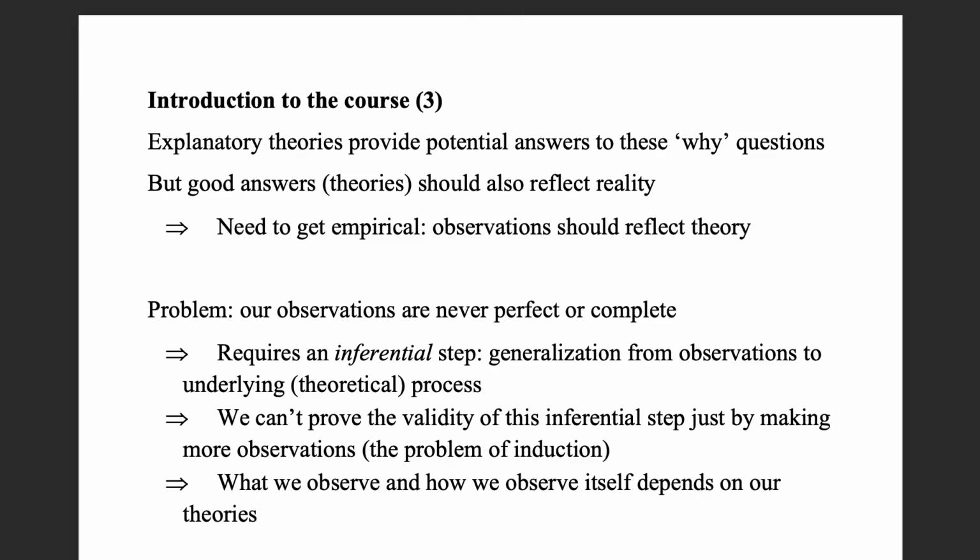And related to that, we also have to deal with how we observe the world. What we observe, how we observe it, is itself already dependent on what theories we have.